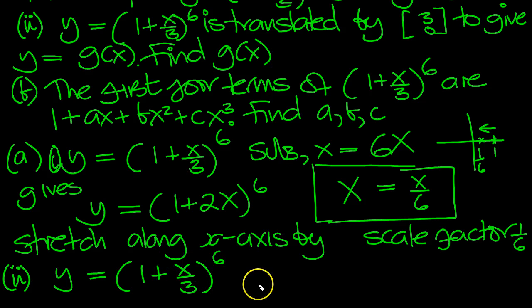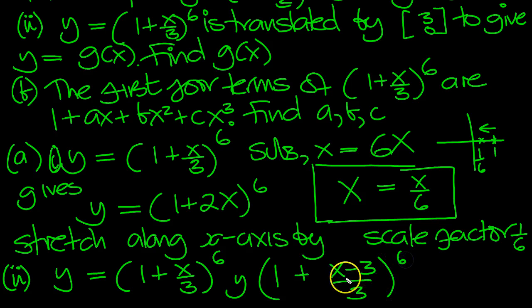We want to shift it forward 3 units. So that would tell us it would be (1 plus (x minus 3) over 3) to the power 6, wouldn't it? And that would shift it forwards 3.